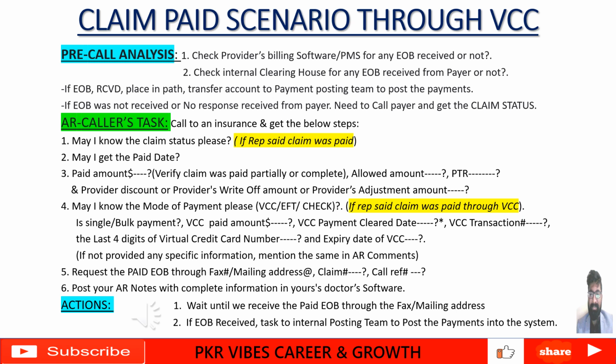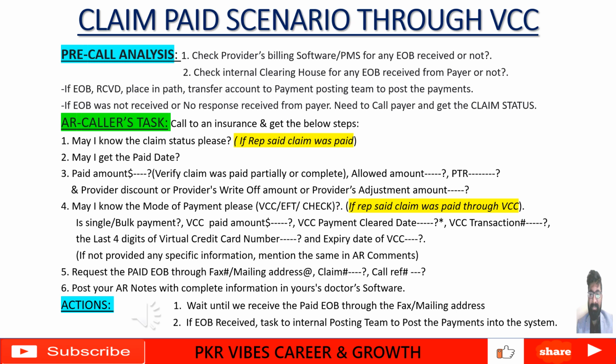And second point, you have to check your internal clearinghouse. Whatever clearinghouse you are using, for example Availity or Waystar, you have to check your clearinghouse for any EOB received from the payer or not, so that at least you will get some information about that particular claim.